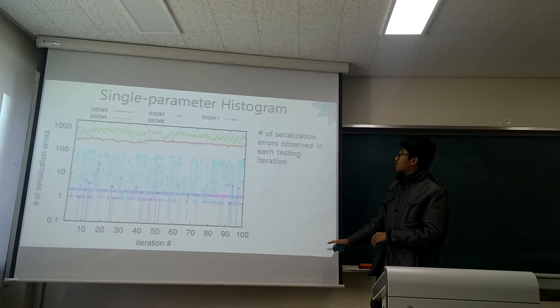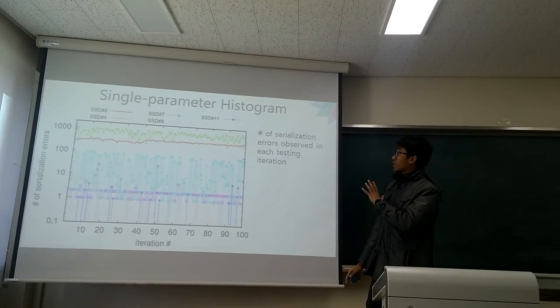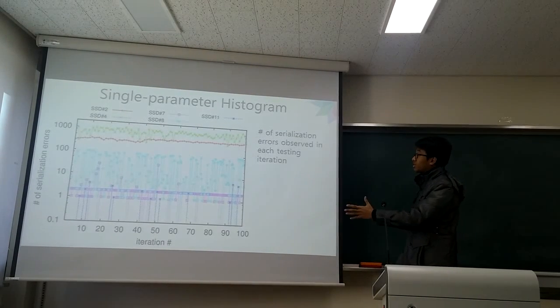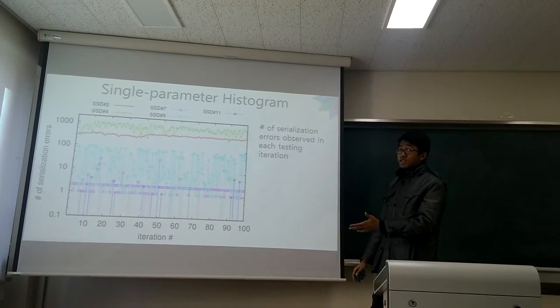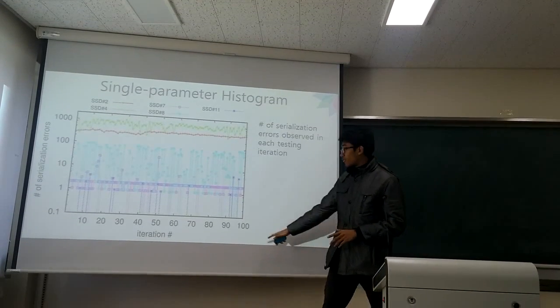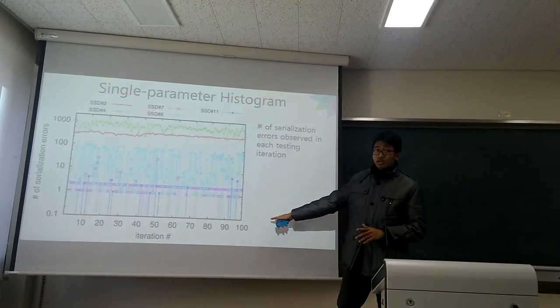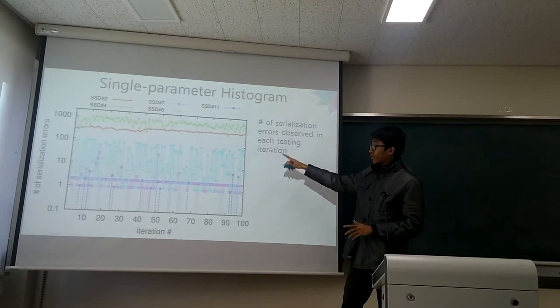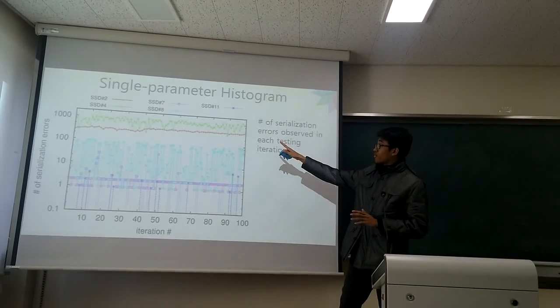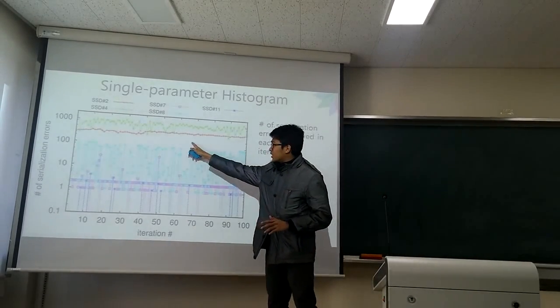And this is the paper trying to show the result as a single-parameter histogram. Here we have the number of serialization errors observed in each test, in each iteration. We have iterations from 10 until 100, and the results are very different. For example, for SSD number 2, the value is nearly stagnant.